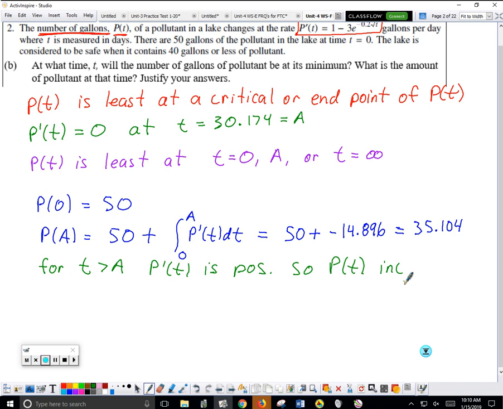So your conclusion should say P of t is least at t equal, make sure you have units, 30.174 days.